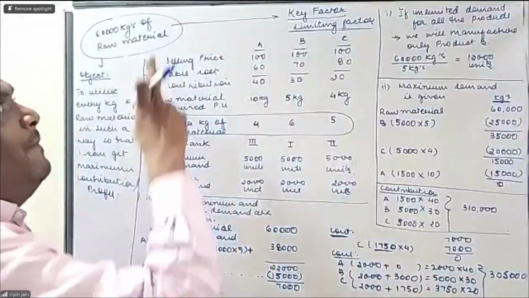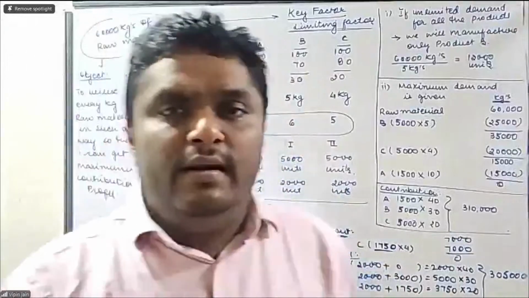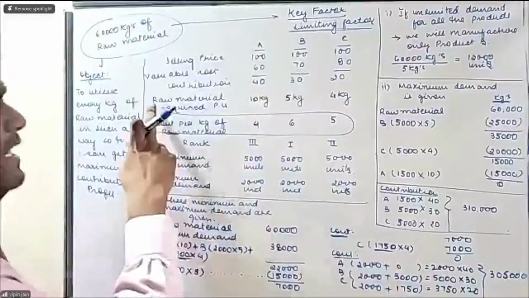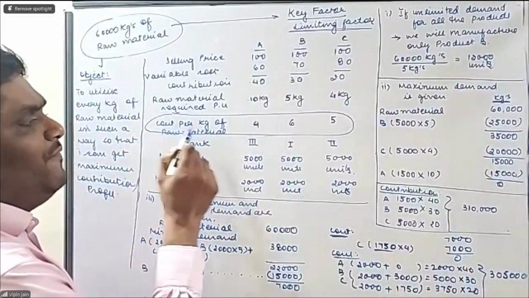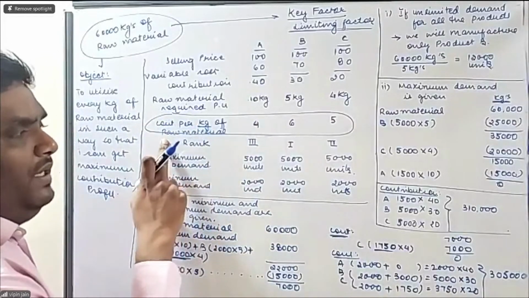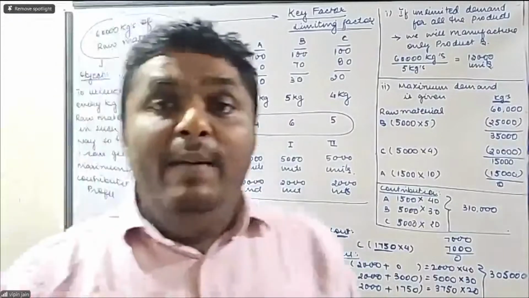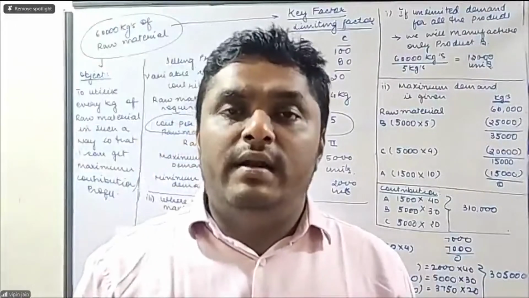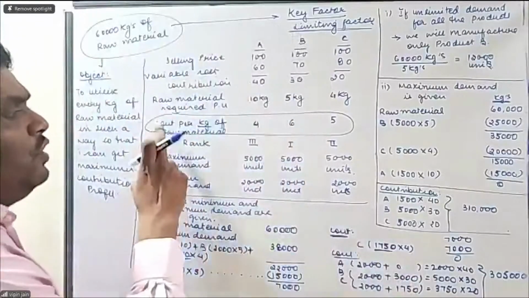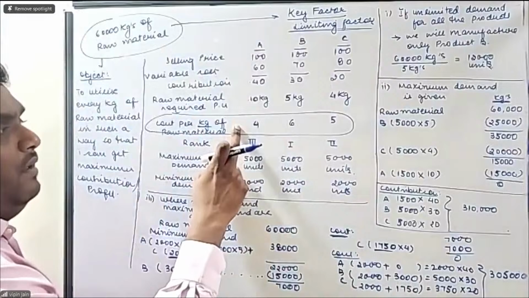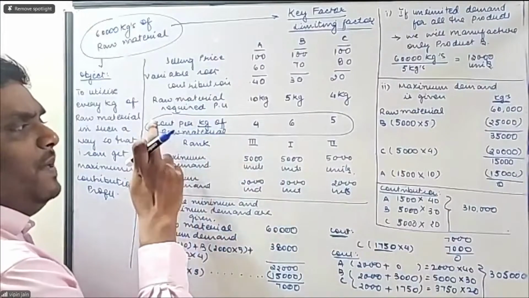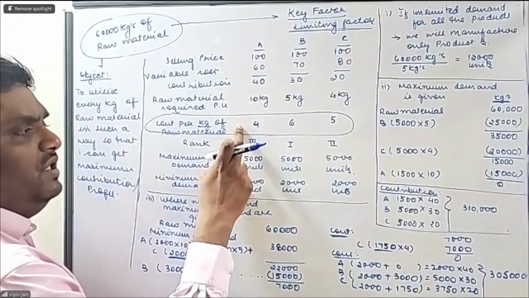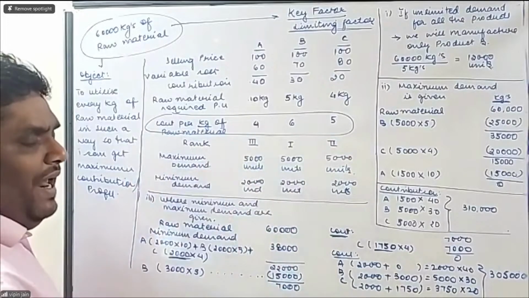Herein, my raw material is my key factor, so we decided on the basis of contribution per kg of raw material. If labor hours are my key factor, my decision will be based on contribution per labor hour. If machine hour is my key factor, my decision will be based on contribution per machine hour. Accordingly, I have given ranks.